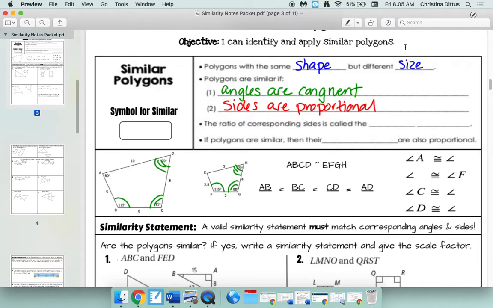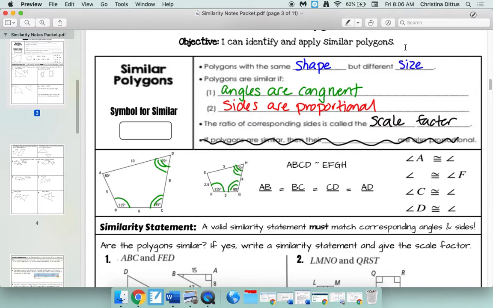That means that we're going to set up fractions like we've done for the last day. I bet you've heard this term before. The ratio of corresponding sides is called the scale factor. You heard of that before?